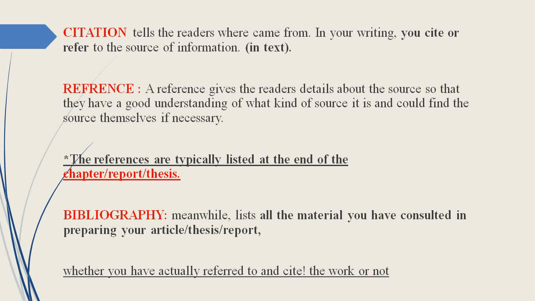Together they make the bibliography, but citation is direct citation in the text, in the paragraph, and references give the details of the citation at the end of the chapter or the report or the thesis. So these are the three important terminologies that a researcher must understand and be clear about. It is important to understand the difference between citation, reference, and bibliography.